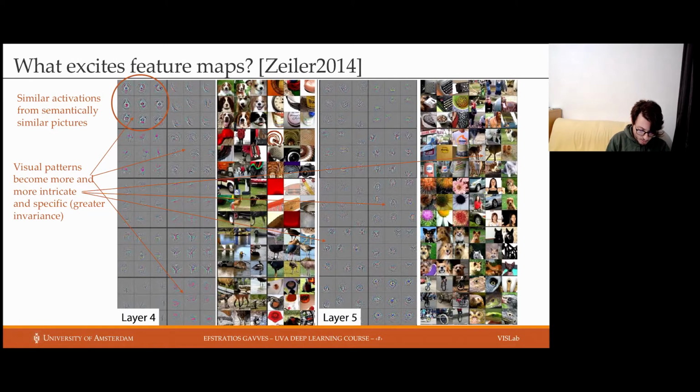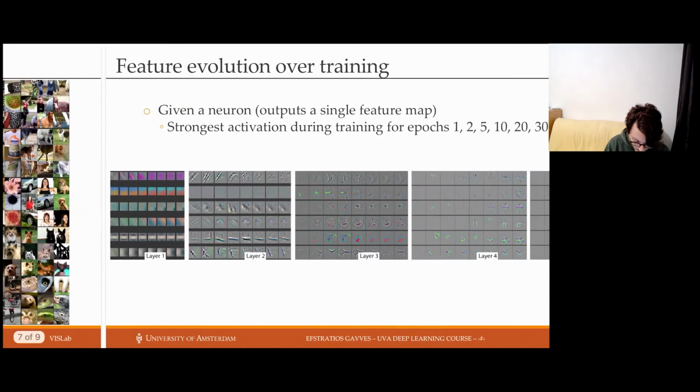And if we go to higher and higher layers, we obtain even more specific, abstract and object-like types of feature maps. It seems also that similar activations come from semantically similar pictures. So at some point, you have some sort of dog face neuron, or some bird feet neuron. We have specialization.